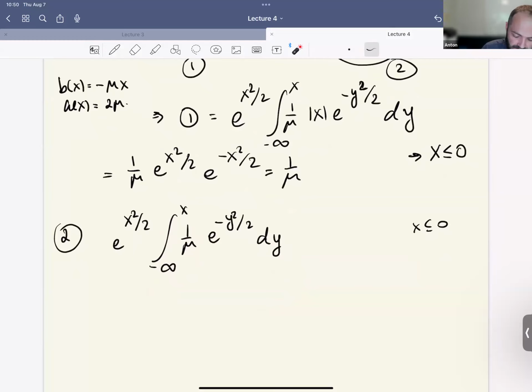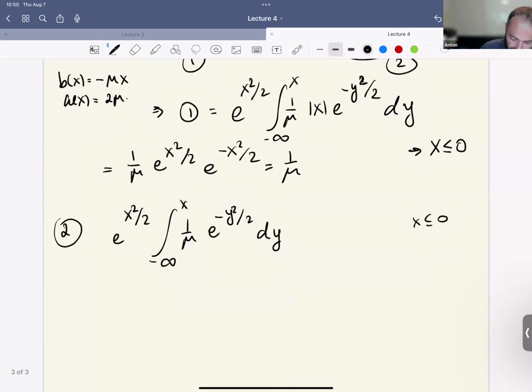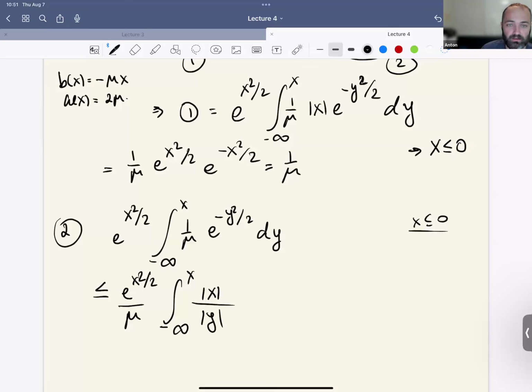You may or may not have seen this, but the idea is that for x less than or equal to 0, you do the following. Less than or equal to, let me pull out the 1 over mu. I do absolute value of x over absolute value of y. Now there's no typo, right? One of them is x, one of them is y.